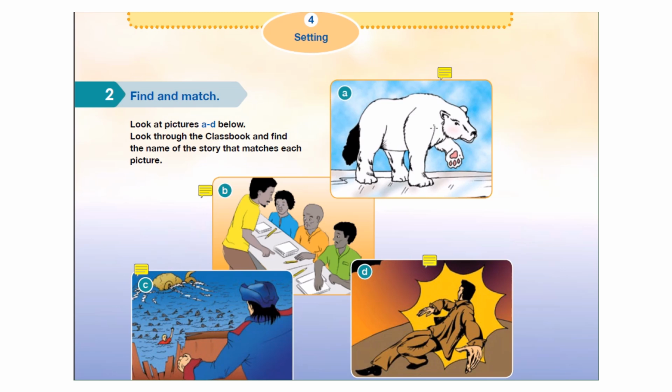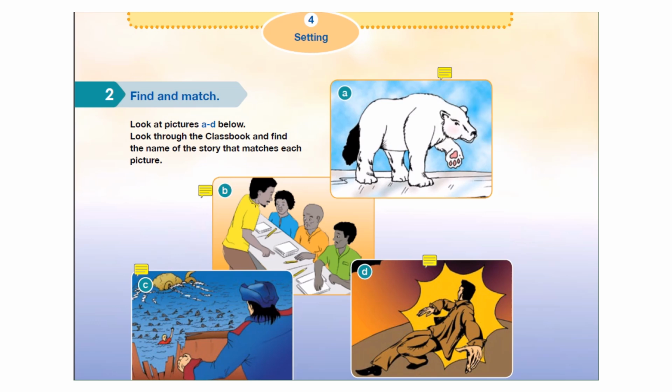For example, letter A. It was in the story called How the Bear Lost Its Tail on page 4. Open your class book, course book, page 4. You will find the story entitled How the Bear Lost Its Tail.